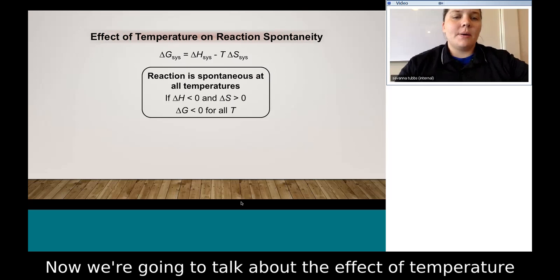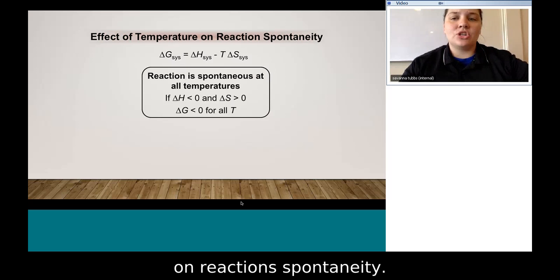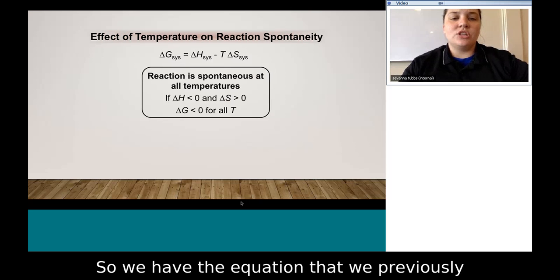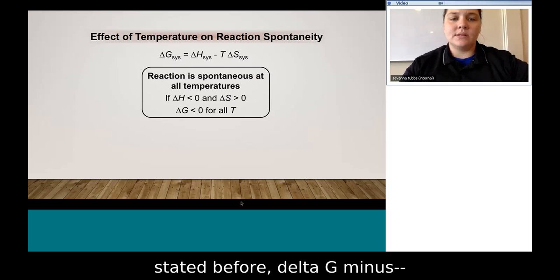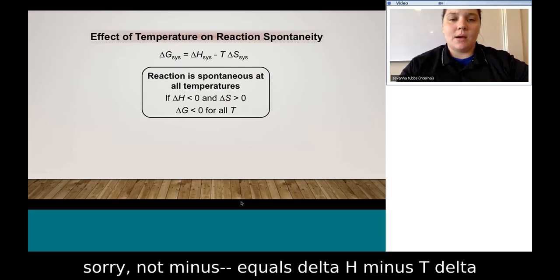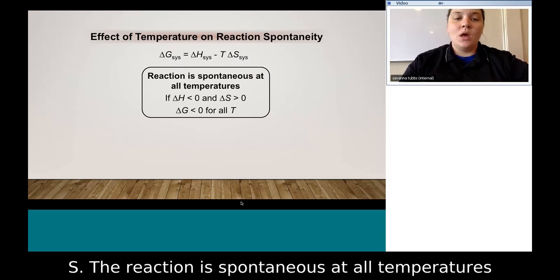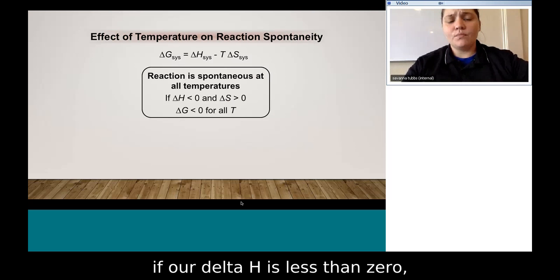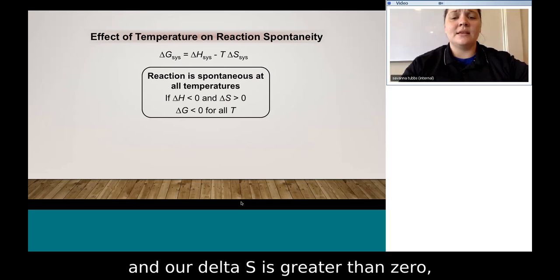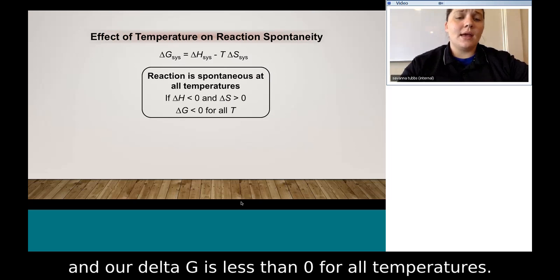Now we're going to talk about the effect of temperature on reaction spontaneity. So we have the equation that we previously stated before, delta G equals delta H minus T delta S. The reaction is spontaneous at all temperatures if our delta H is less than 0 and our delta S is greater than 0, and our delta G is less than 0 for all temperatures.